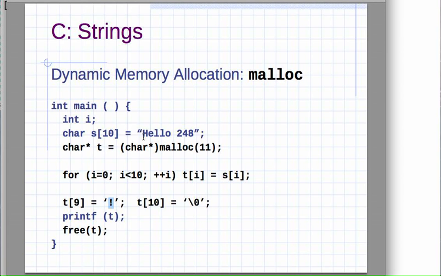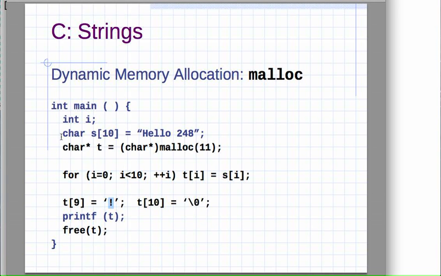So we have this 5, 6, 7, 8, 9 character string. Remember, all strings have a null termination character, so that's why we declare the string S as an array of 10 characters, because we need space for these letters and numbers and space, and also the null termination.